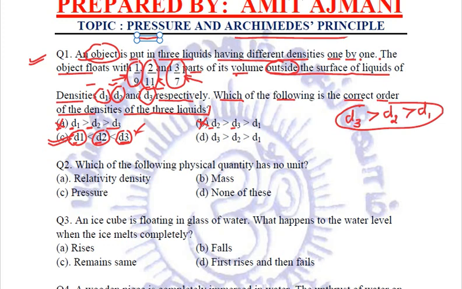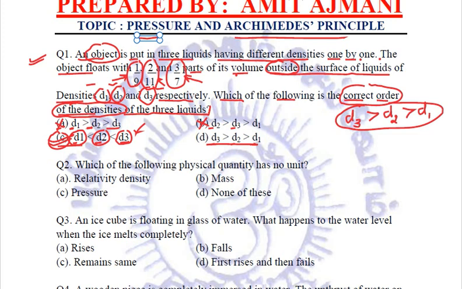Clear? In the fourth option, I think that there must be some misprinting, because in this option also we are given the same thing, that D3 is greater than D2 and greater than D1. So both of these options are actually correct, right? But why are we writing this option C? Because we have to write the correct order of the densities.